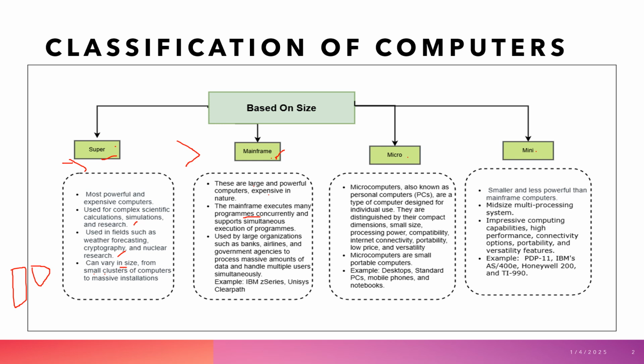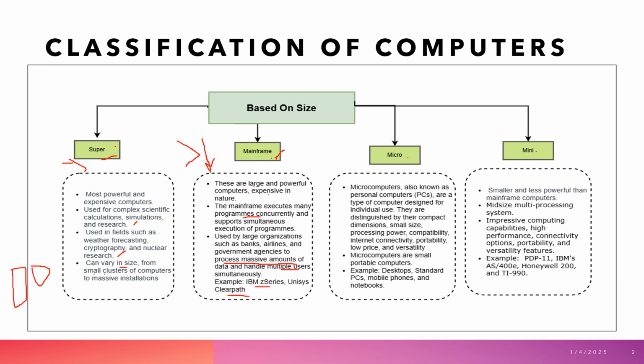They are used by large organizations like banks, airlines, or government agencies as they have the capability to process a huge amount of data and they can handle multiple users simultaneously. So you can see these systems actually never going down. This is due to the huge capability of mainframe computers. This includes computers like IBM Z series and Unisys ClearPath.